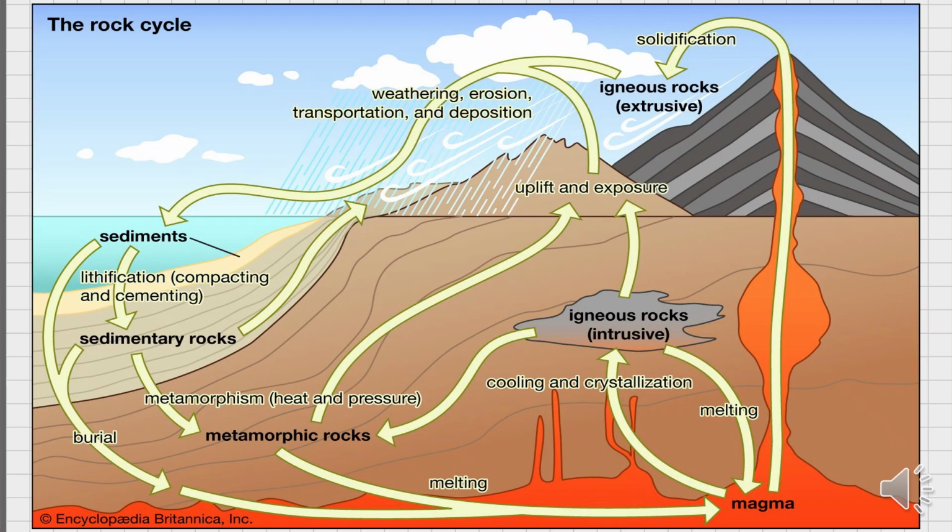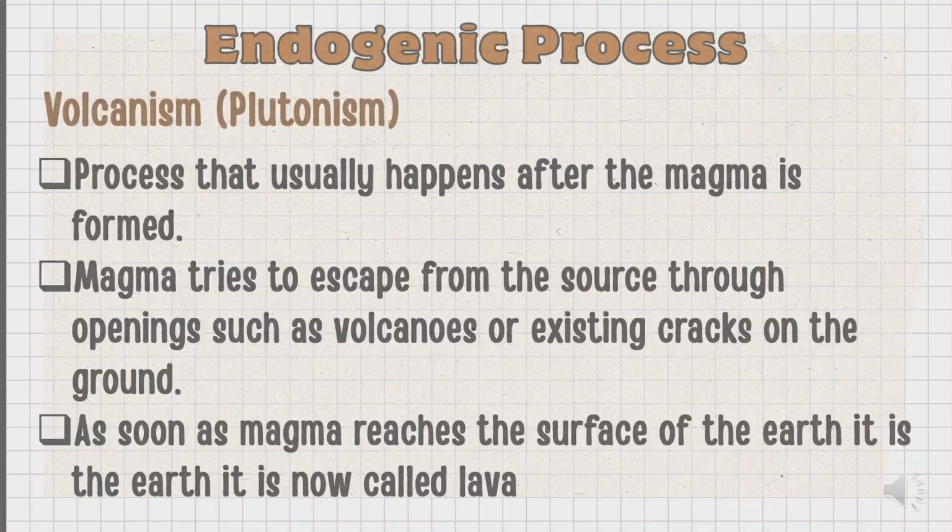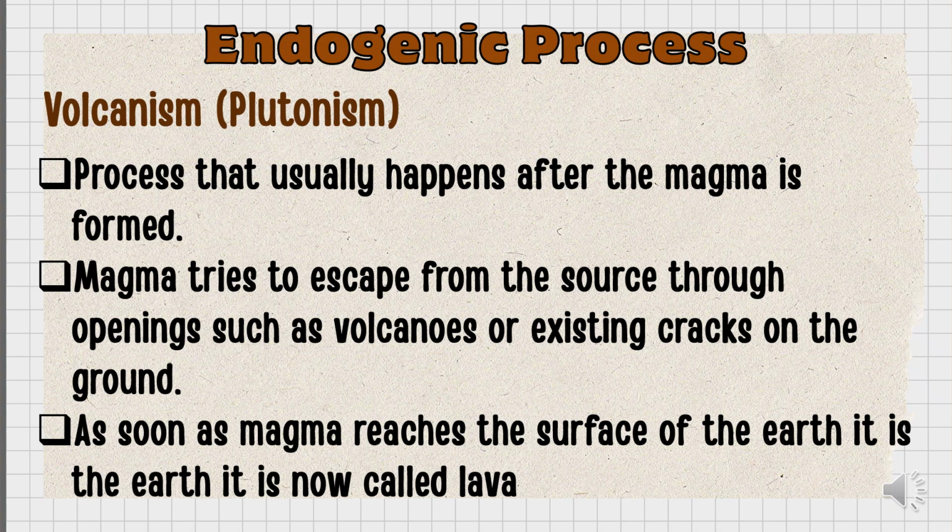Three primary rock types and transformation processes: Igneous forms when magma or lava cools and crystallizes. Sedimentary forms when rocks break down by weathering, move by erosion, and are cemented together. Metamorphic forms when existing rocks are altered by intense heat and pressure.